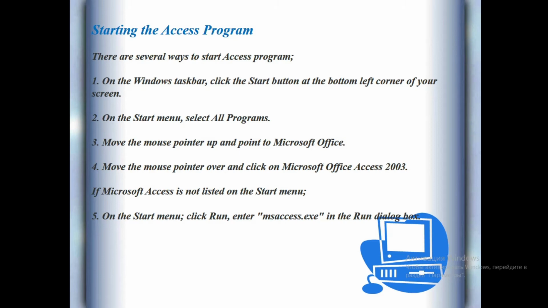Move the mouse pointer over and click on Microsoft Office Access 2003. If Microsoft Access is not listed on the Start menu, click Run, and enter MS Access exe in the Run dialog box.